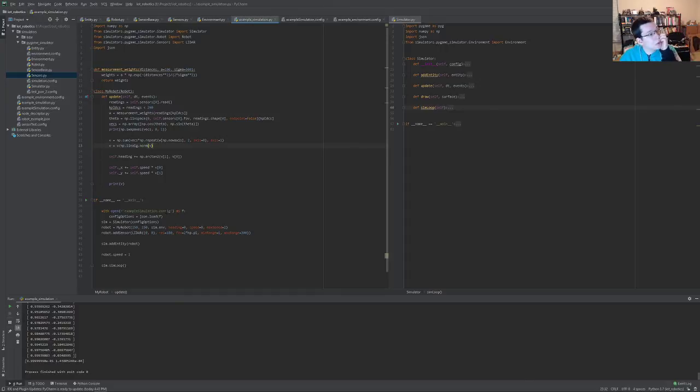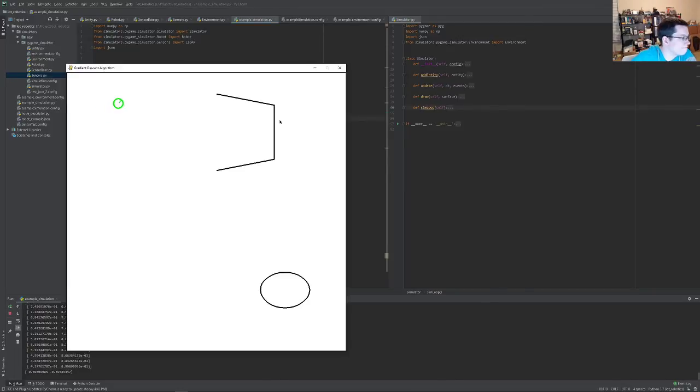The other thing is, this vector that it's come up with is relative to the heading. So what I need to do is add plus self dot heading. Mm. Okay. Odd. Um, you guys are seeing this, right?